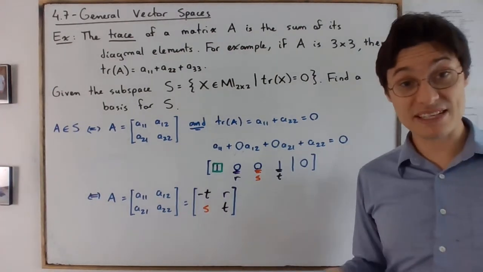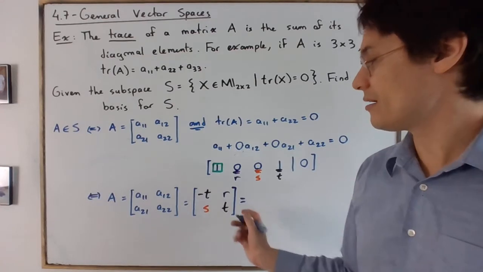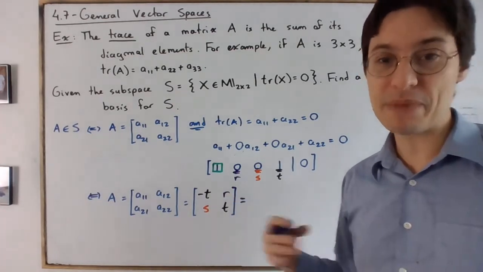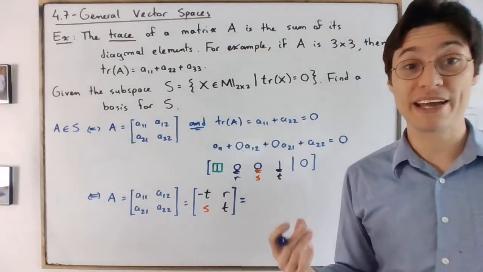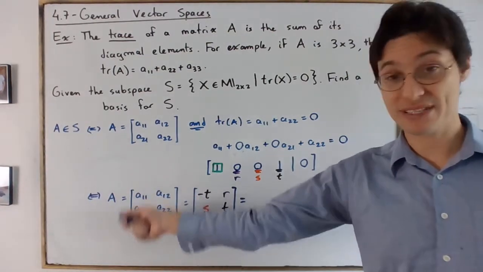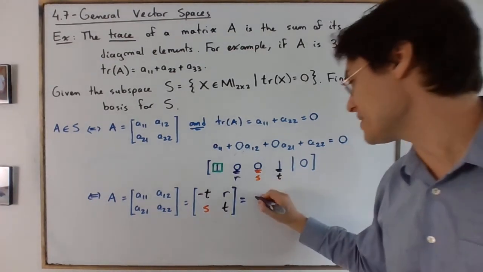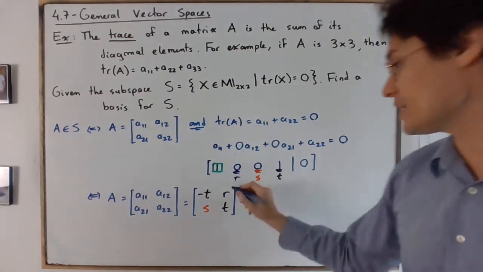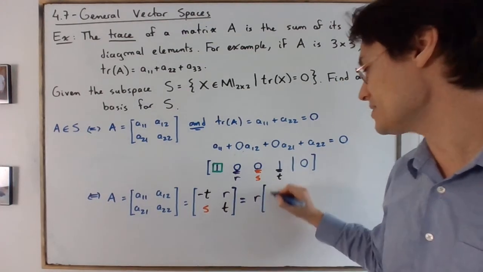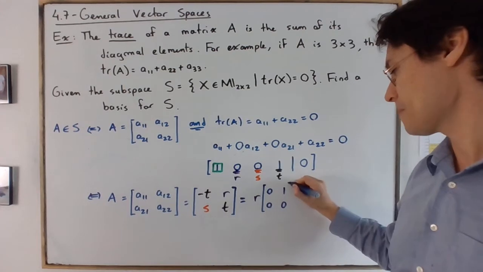Now, obviously, the next step is to split this as a linear combination, because you want to find a basis. So you want to find matrices that span these matrices A. This is easy to do. Begin with R. R is only in the second entry, so you have 0, 1, 0, 0.